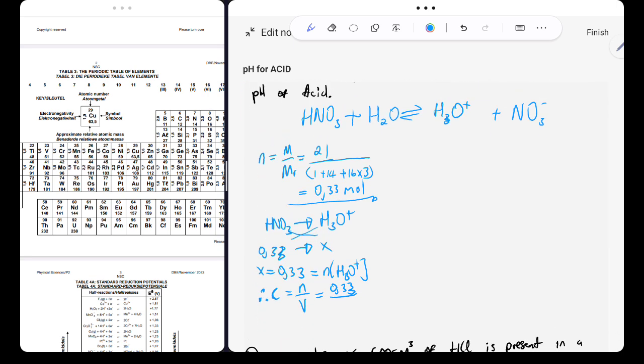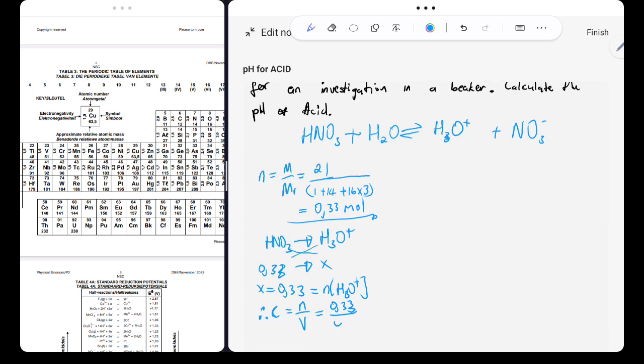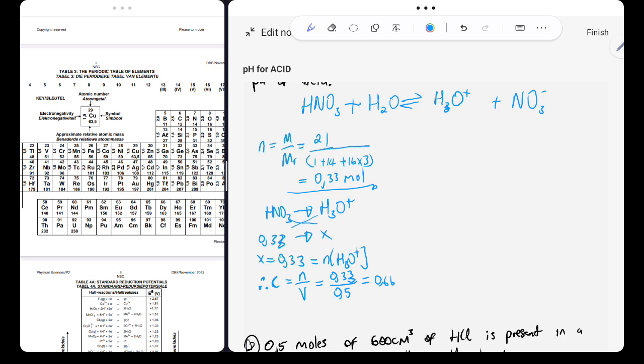This is inside a 500 cubic centimeter volume, so I'll convert my volume into cubic decimeters. 0.33 divided by 0.5, I'll simply get 0.66 moles per cubic decimeter. This is the concentration of my hydronium ions.